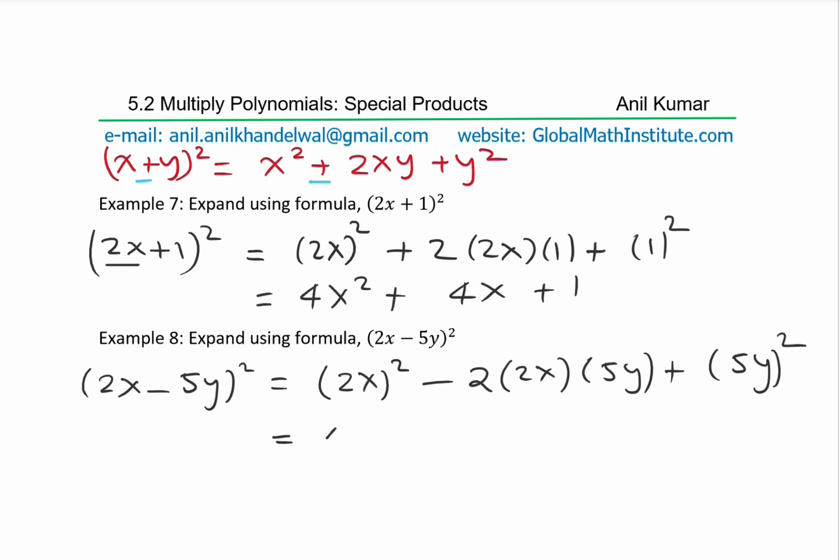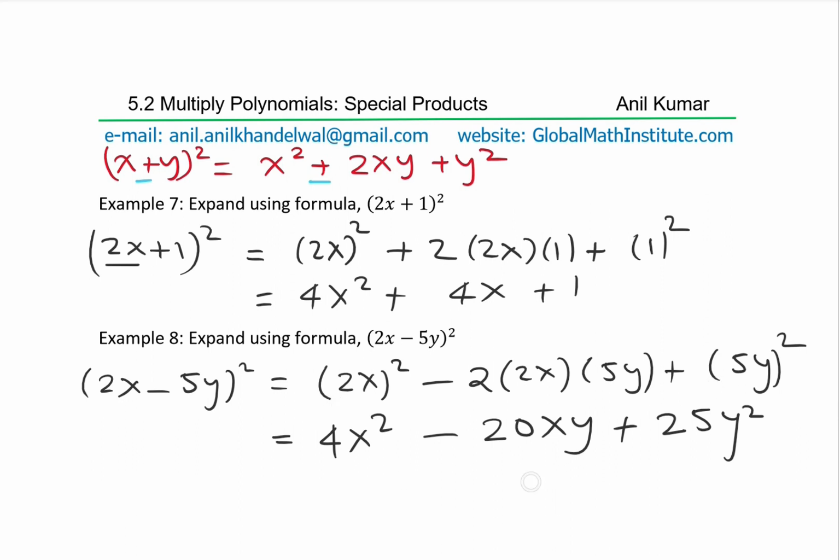So what you get here is 4x squared and minus 2 times 2 is 4, 4 times 5 is 20. So we get 20xy plus 5 squared is 25 y squared. So do not forget to square both 5 and y in this case.